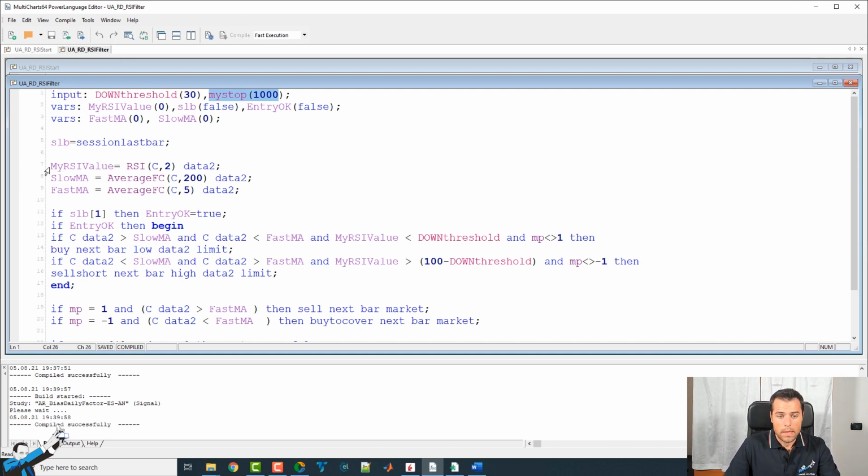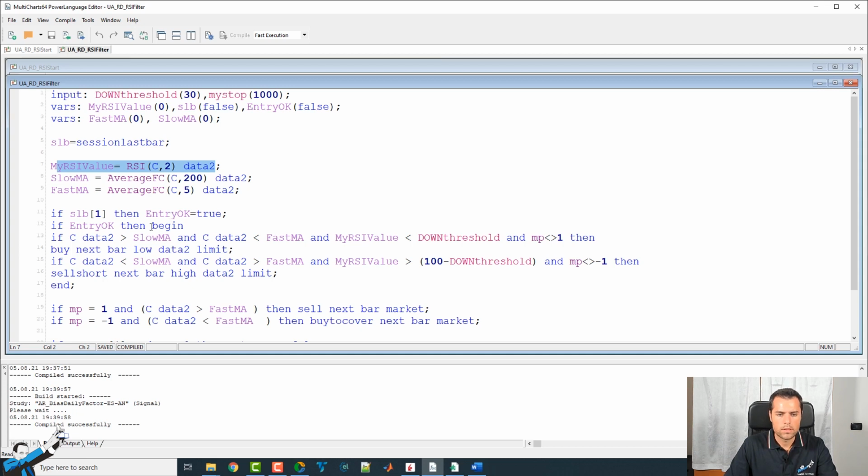In this script, I would like to draw your attention to these three lines. As you can see, we are going to calculate a simple 5-period moving average and a 200-period moving average on data 2, which is a daily time frame. After that, we will calculate the RSI over a short period of only 2 days.